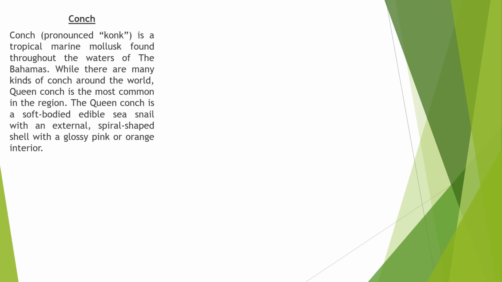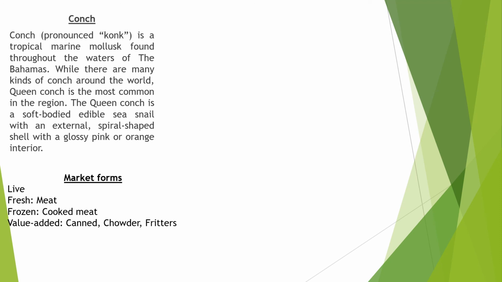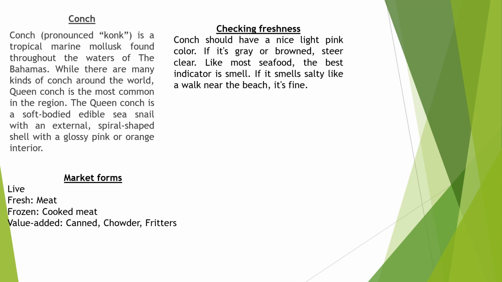conch. It's a tropical marine mollusk found throughout the waters of the Bahamas and of course here in Belize. There are many kinds of conchs around the world, but the queen conch is the most common in the region. The queen conch is a soft-bodied, edible sea snail with an external spiral-shaped shell with a glossy pink or orange interior.